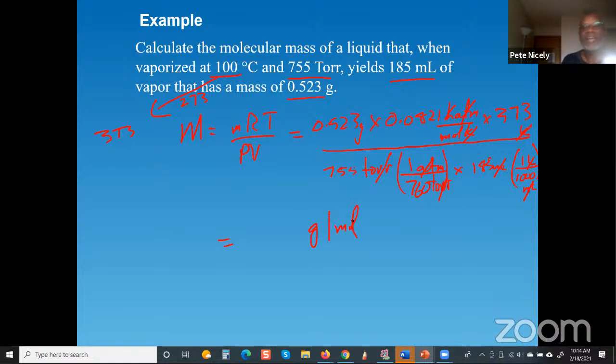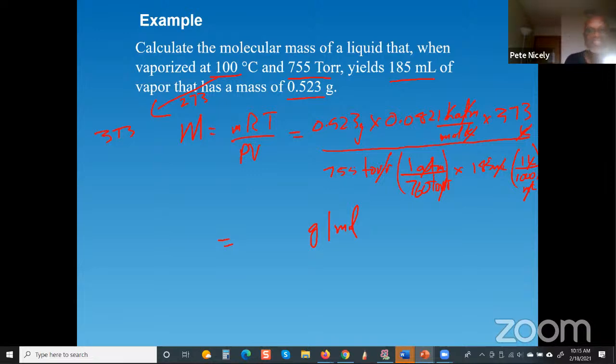So we have to do our calculations. 0.523 times 0.0821 times 373 divided by 755 divided by 760. And then we divide by 0.185.